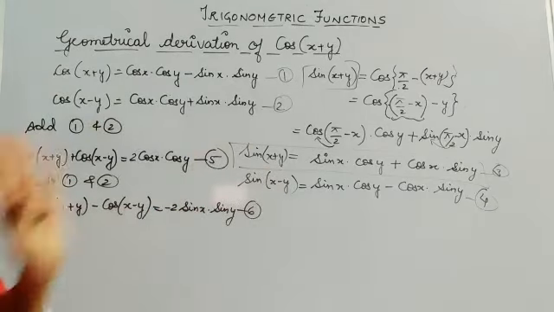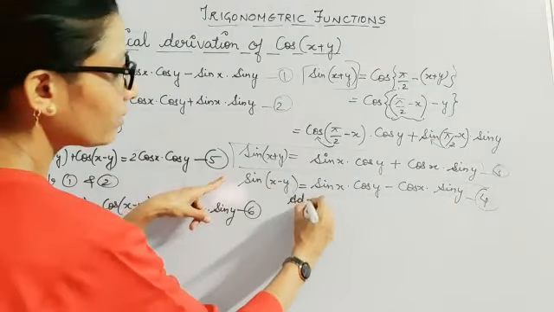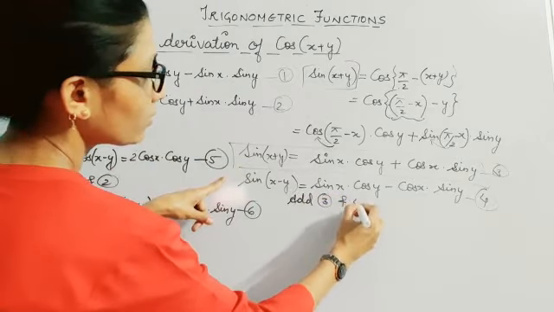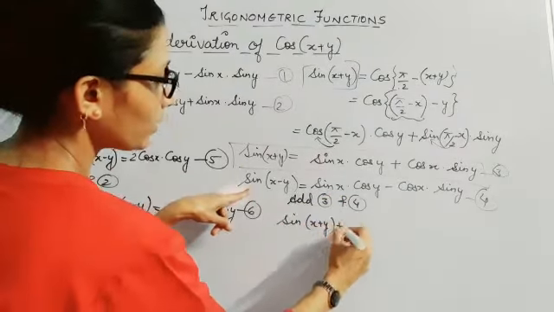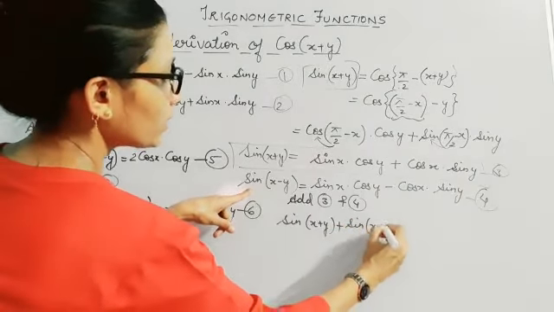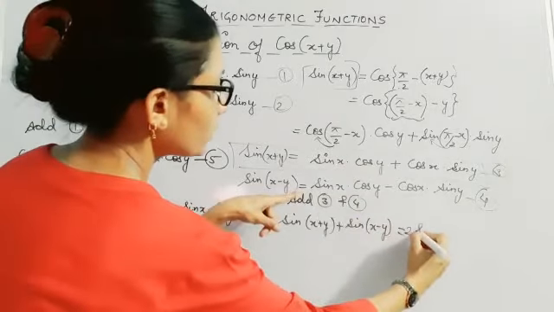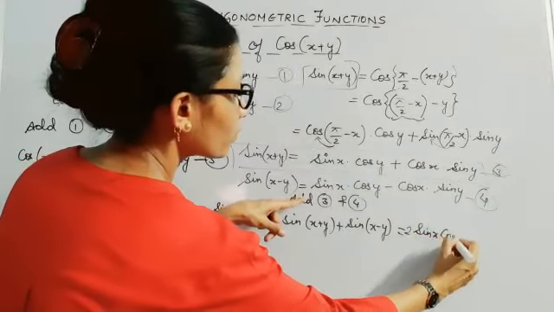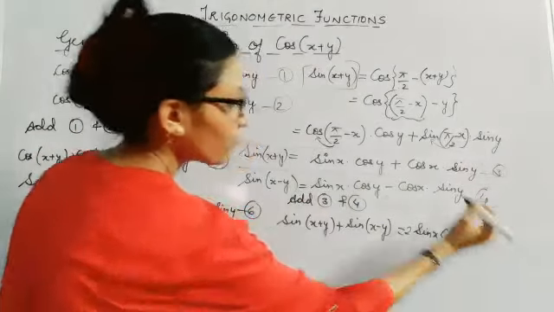Let's find out 2 more formulae out of it. Once you add 3 and 4, you will get sine(x plus y) plus sine(x minus y). When you add, you will be getting twice sine x into cos y, and the other terms will cancel each other. So this is my 7th formula.